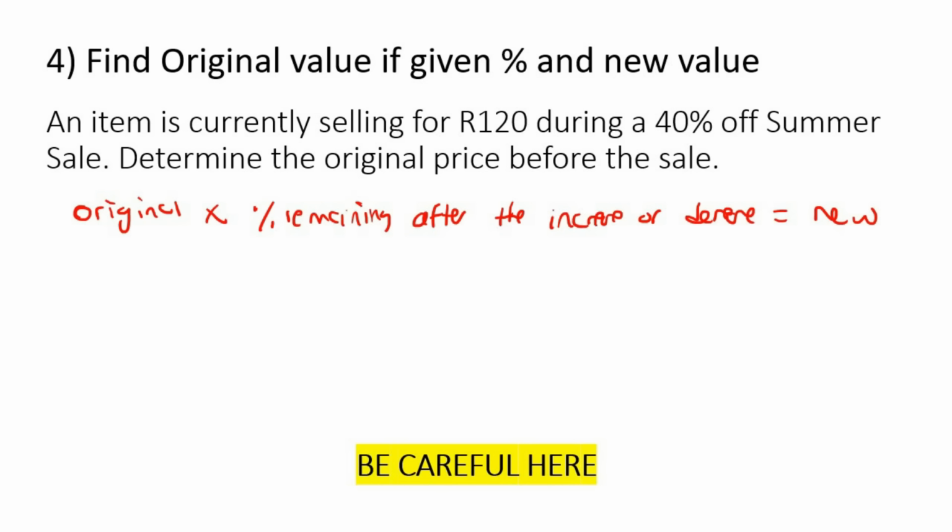Okay, so an item is currently, now you've got to be careful, an item is currently selling for 120 Rand during the 40% summer sale. Determine what the original price was before the sale. So now they're giving us the new price and the percentage remaining, but we don't have the original price. Can you see the difference?